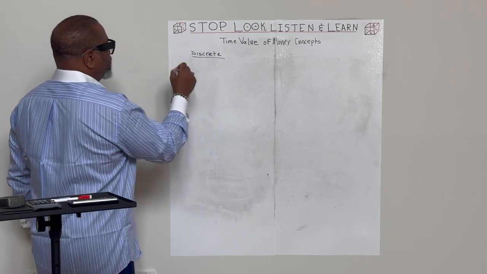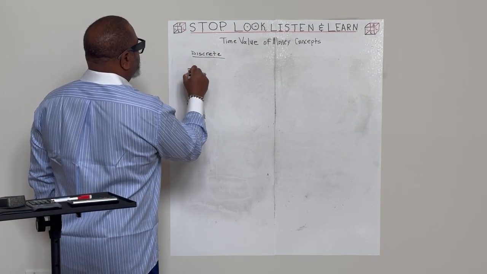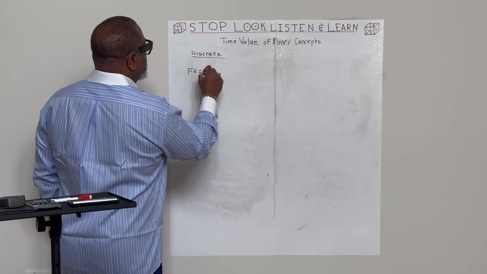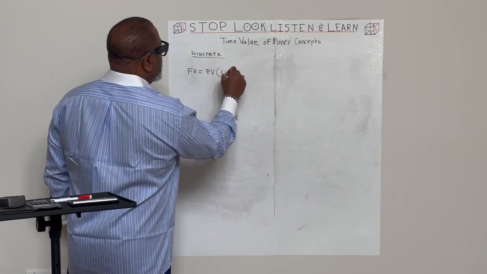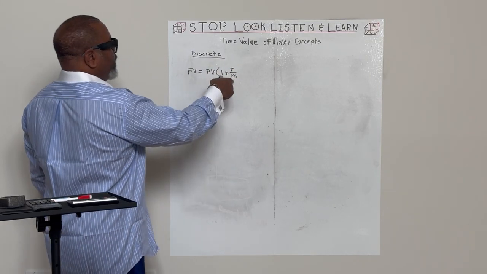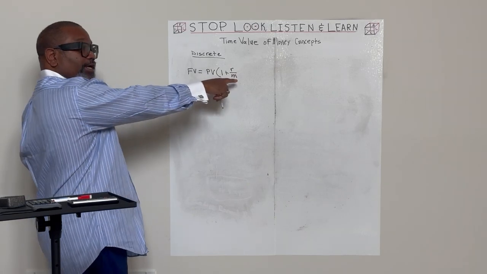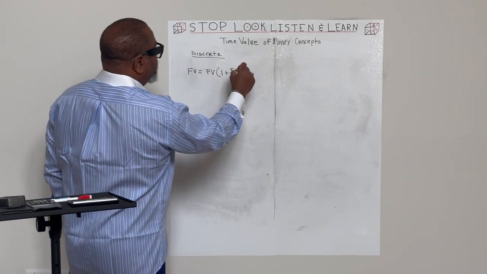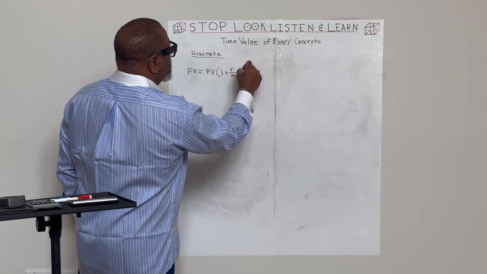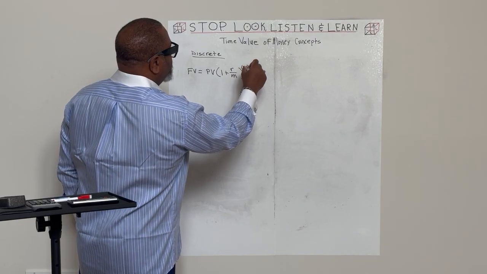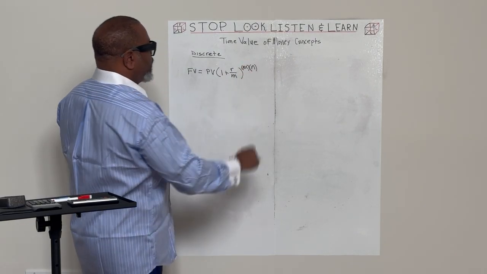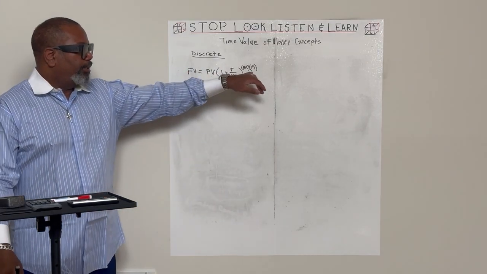And I said the general formula is future value is equal to present value times 1 plus the stated rate divided by the number of times it's compounded per year, raised to the number of times it's compounded per year times the number of years.